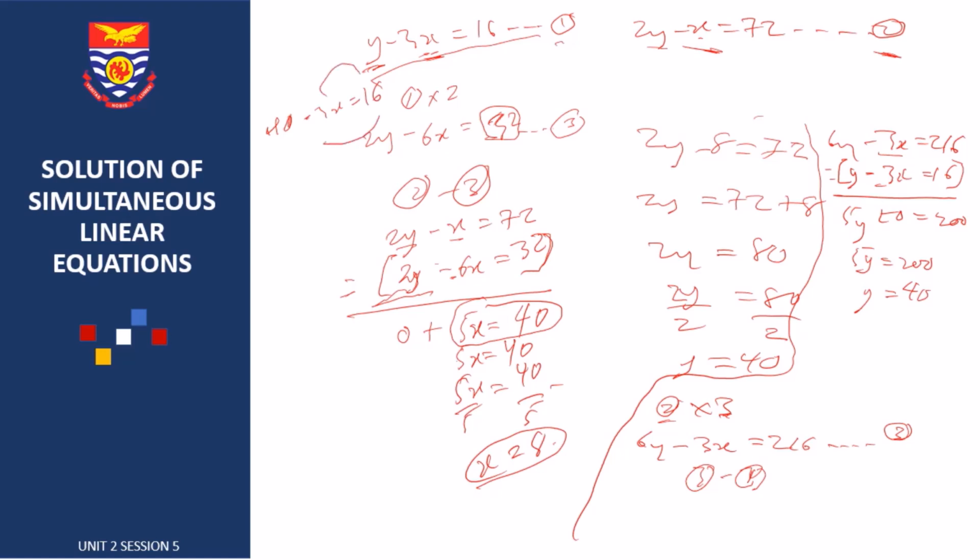So I'll have 40 minus 16 equal to 3x. What do I get? I'm going to have 24. 24 equal to 3x. When I divide both sides by 3, I'm going to have x equal to what? 8. So you see we have the same values.